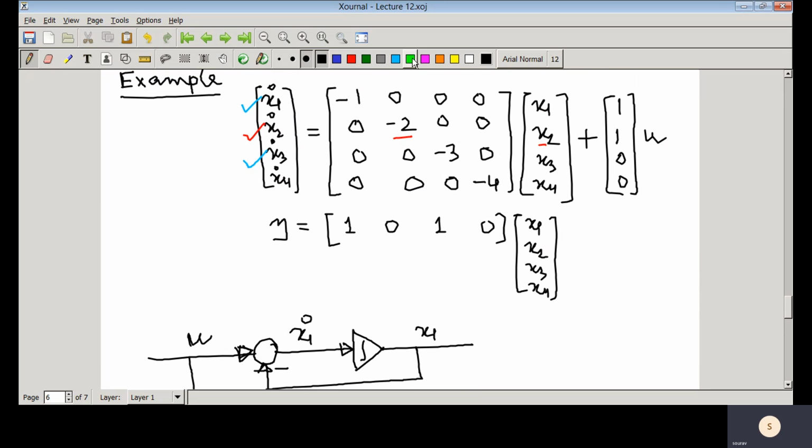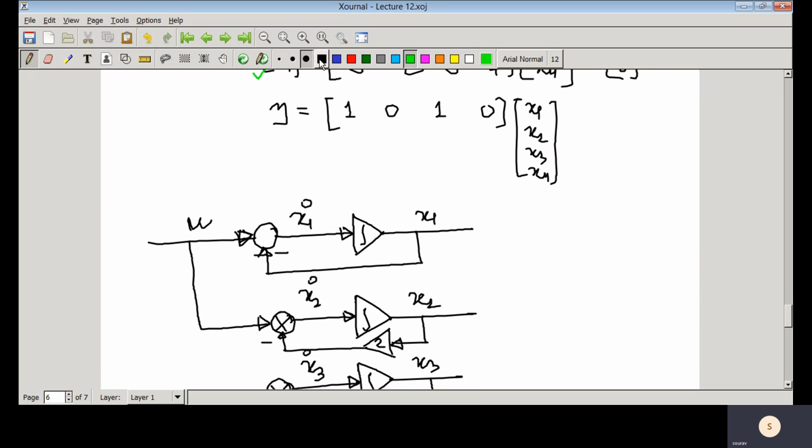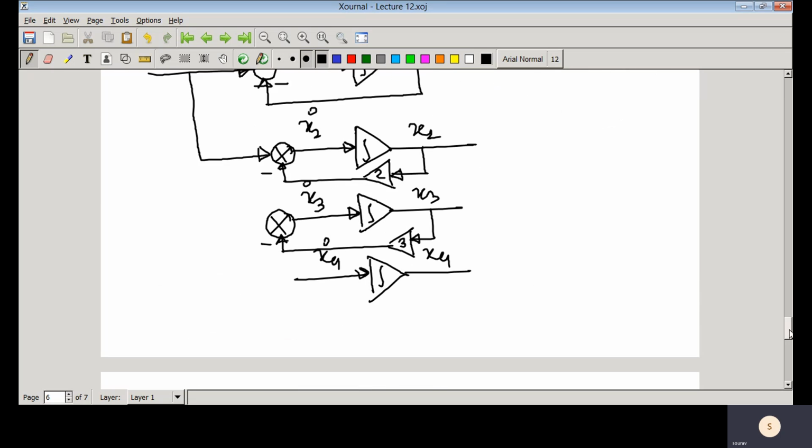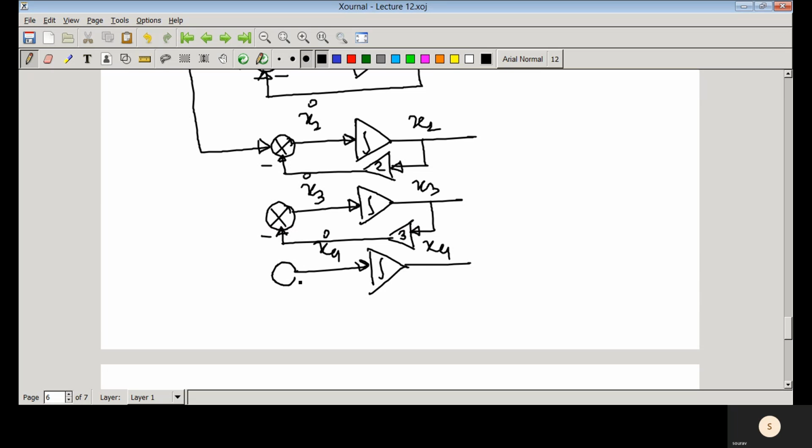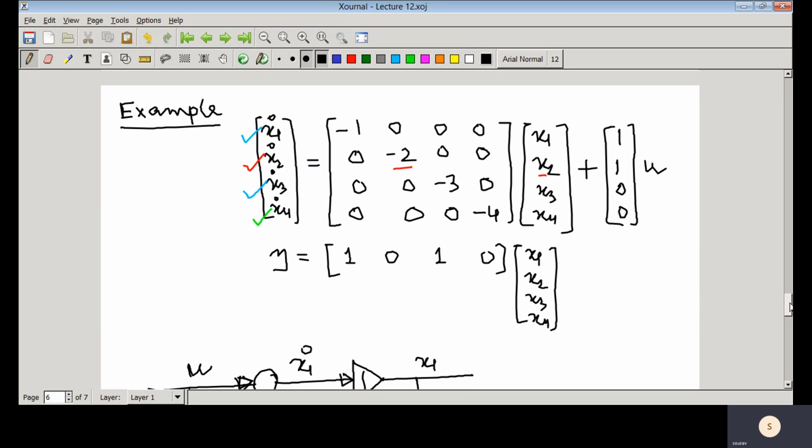And x4 dot is equal to only minus 4x4, so here 4 and minus. So these are all the state equations.